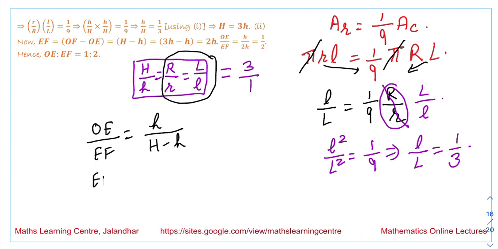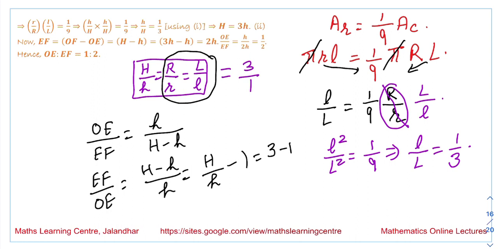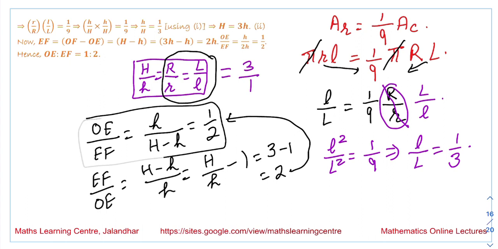So we can write EF over OE is equal to capital H minus small h over small h. This is equal to capital H over small h minus 1, which is equal to 3 minus 1, that is equal to 2. So substituting this value, we obtain OE over EF is equal to 1 by 2. So OE is to EF, this ratio is 1 is to 2. So this is the required ratio.